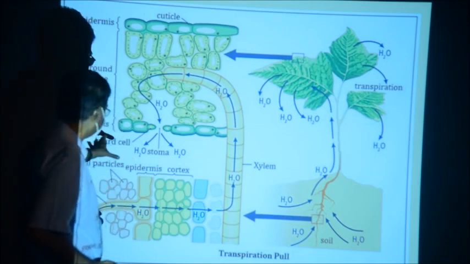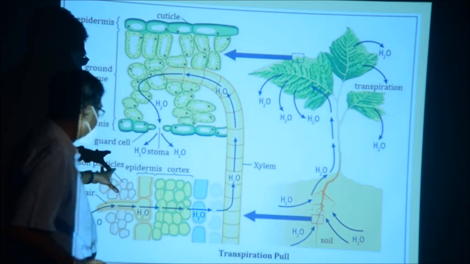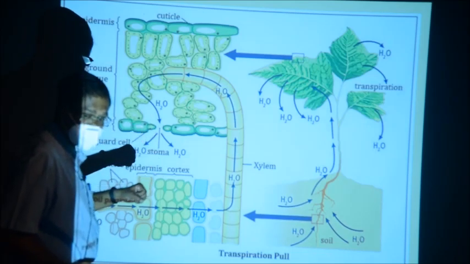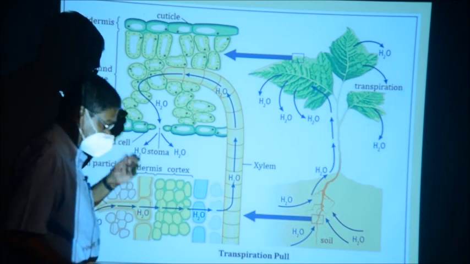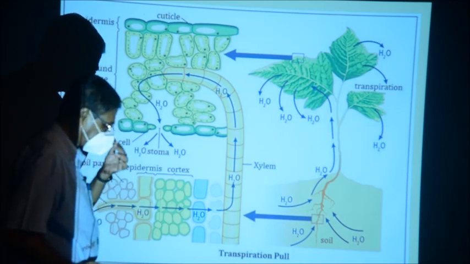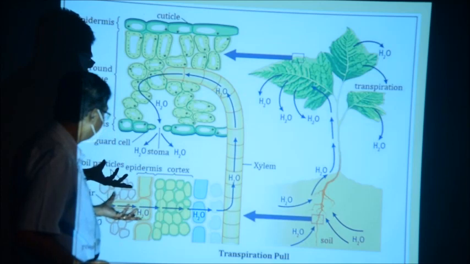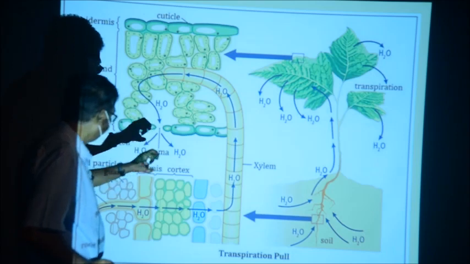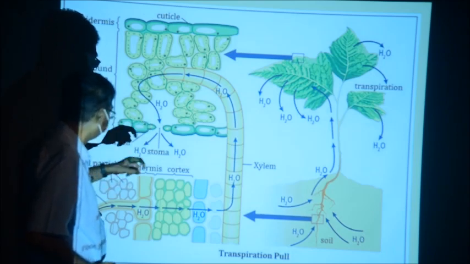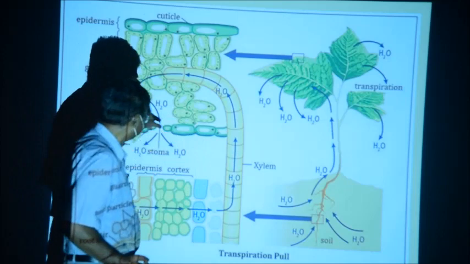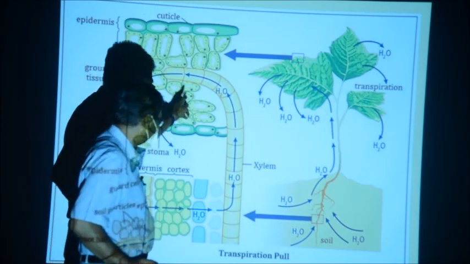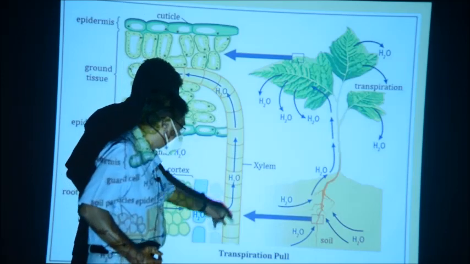The mesophyll cells synthesize food, so their osmotic concentration increases and their diffusion pressure decreases. So water from neighboring cells enters in. So a tension is created in the water that moves. This tension moves from mesophyll cells to neighboring cells and ultimately to the xylem.